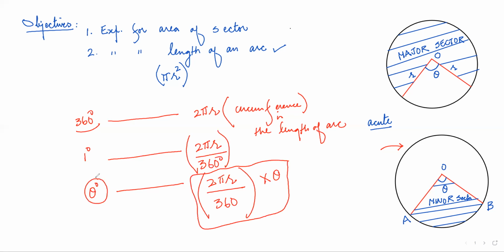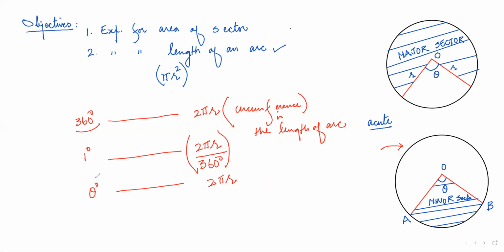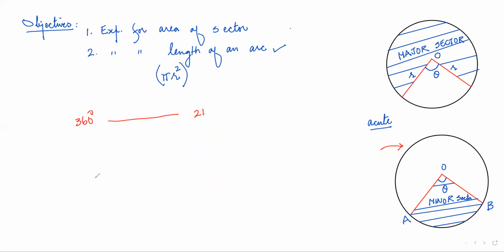angle theta. So the first objective of the lecture is achieved. The first objective was the length of the arc. So we know the length of the arc is equal to, come on students, 2 pi r. Think like this. When the angle is 360, it's 2 pi r. When the angle is 1 degree, it is 2 pi r by 360.